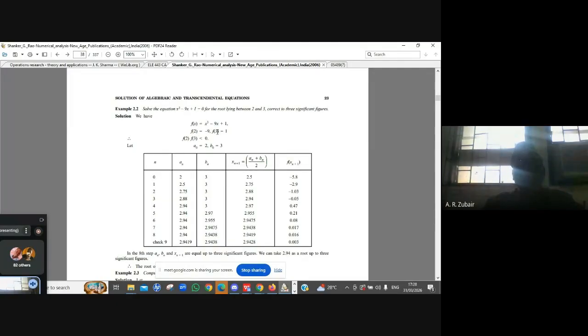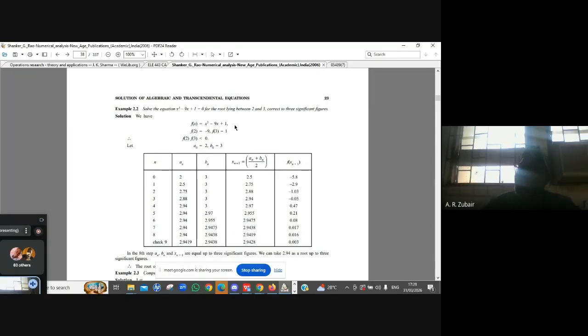When x is equal to 3, you get 1. Please try to put 2 in that expression. That'll be 2 raised to the power 3, that's 8, minus 18, that's minus 10, plus 1, that's equal to minus 9. When x equals 3, that'll be 27 minus 27 plus 1.